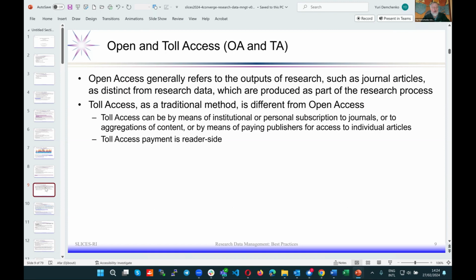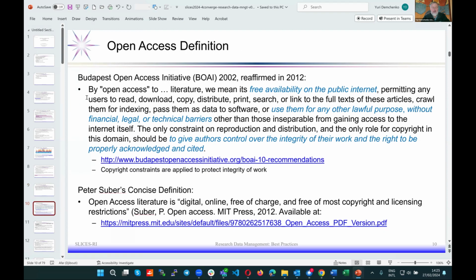Open access is different; generally it allows free access to publications and research results, but under some conditions. What does open access mean? Free availability on the public internet. Again, possibly also under some conditions.